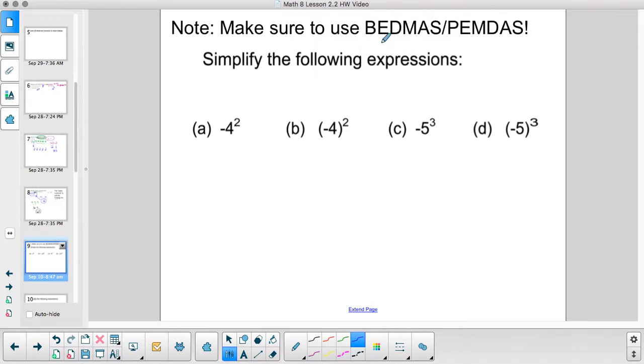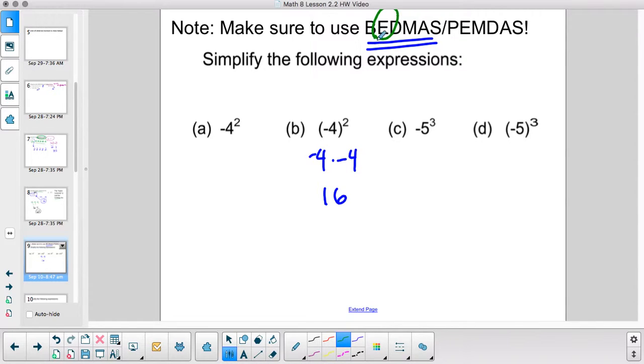So make sure that you're using the order of operations here, and you're thinking about whether it's in parentheses or not, okay? So for this example, again, this is the same as the last example. It's -4 times itself, so that will give us a positive 16. And then, this is where it gets a little bit tricky.